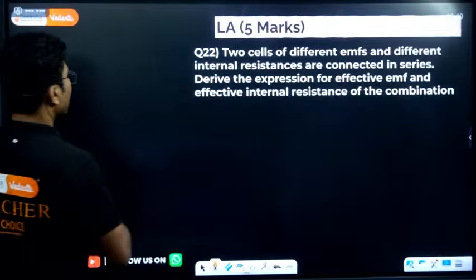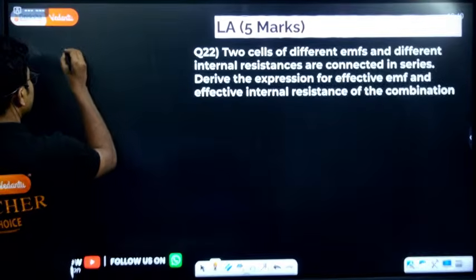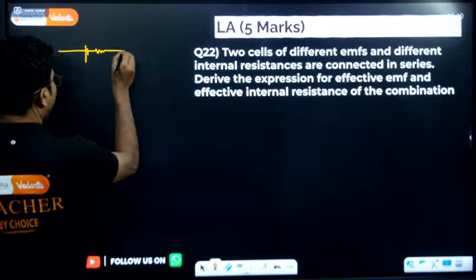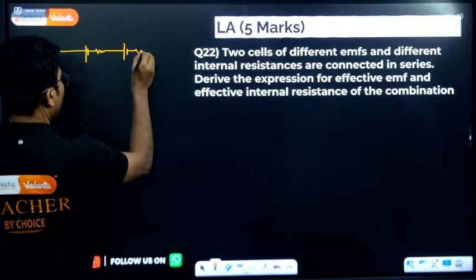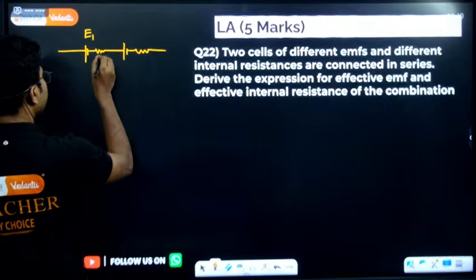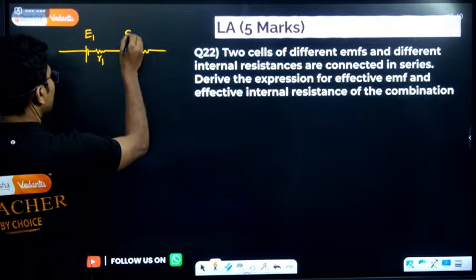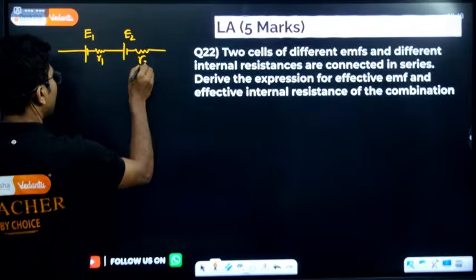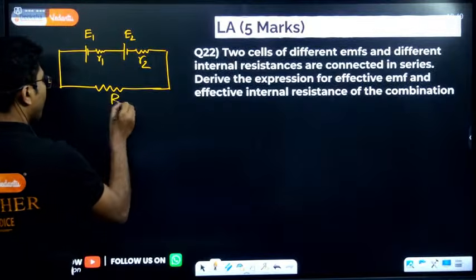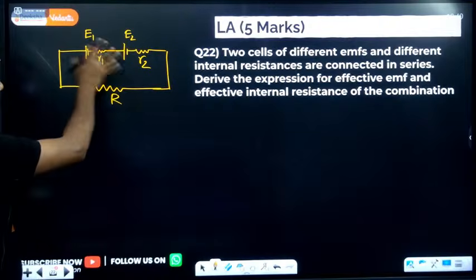So let's see. Here, cells in series means we have two cells back to back. Suppose this is EMF 1, resistance R1, this is EMF 2, resistance R2, and this entire combination is connected across an external resistance of R. Okay, so this is the cells in series.